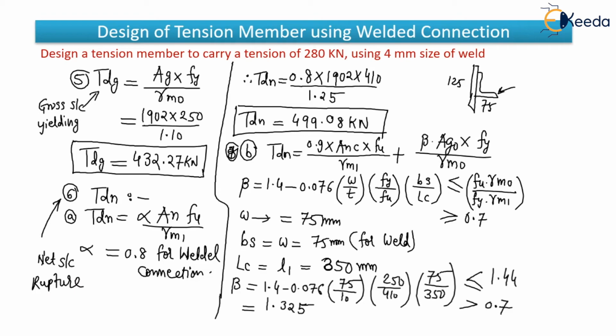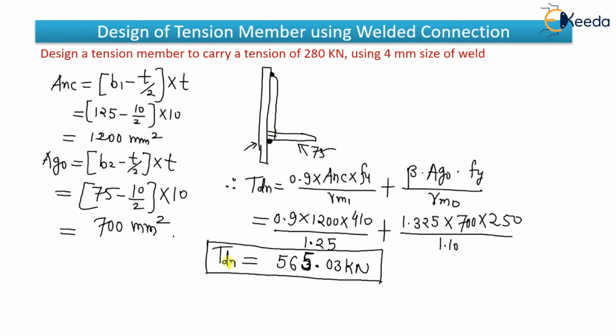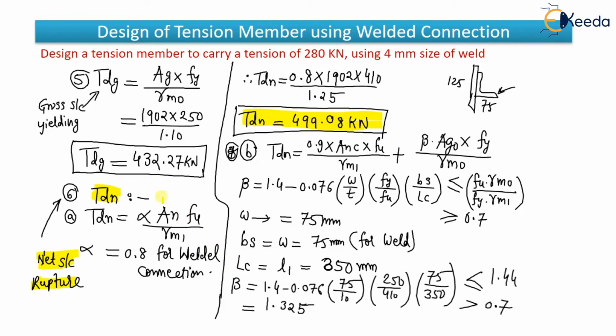I can highlight this one also. What is this? This TDN is net section rupture. This is your TDN. We have two values for that. This one, this TDN1, and in the next step we have calculated the value of TDN, again the second one. Okay, and TDG has only one value, this one, and this is gross section yielding.